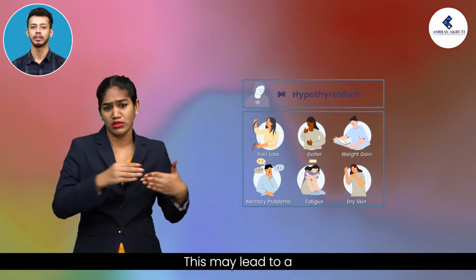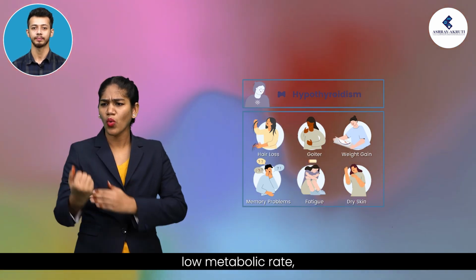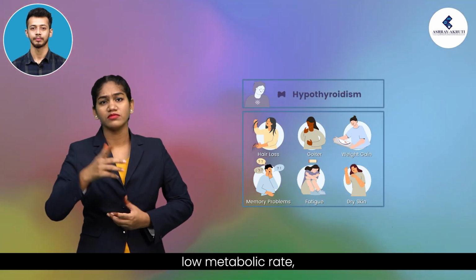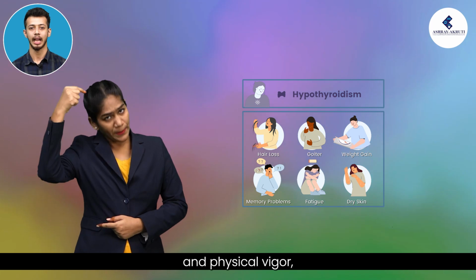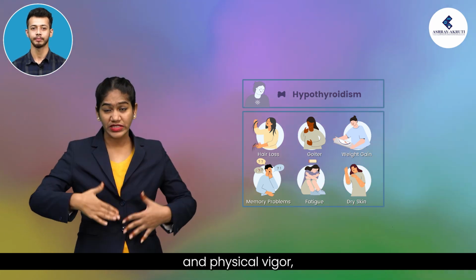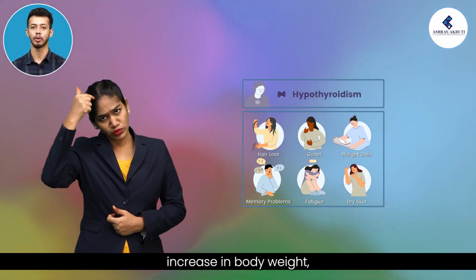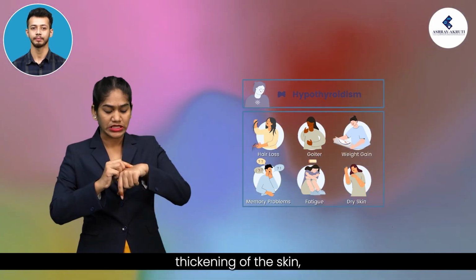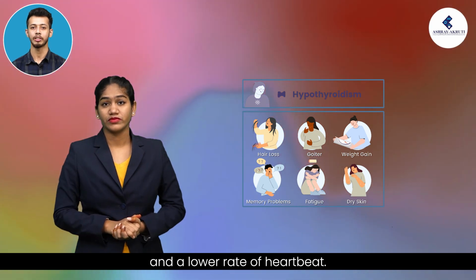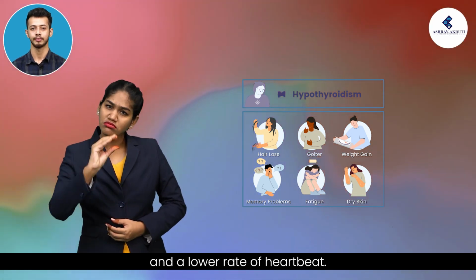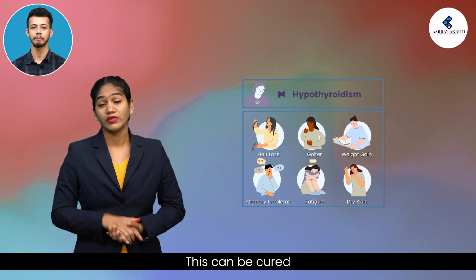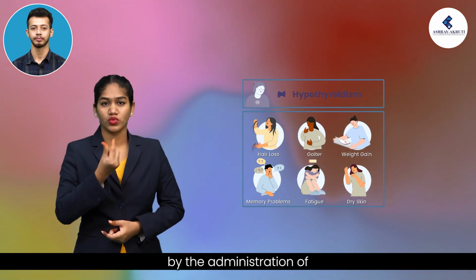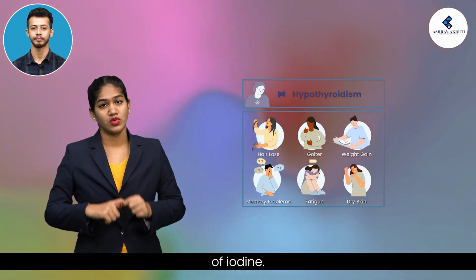This may lead to a low metabolic rate, loss of mental and physical vigor, increase in body weight, thickening of the skin, and lower rate of heartbeat. This can be cured by the administration of the required quantity of iodine.